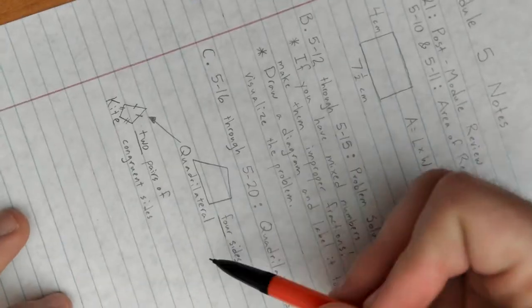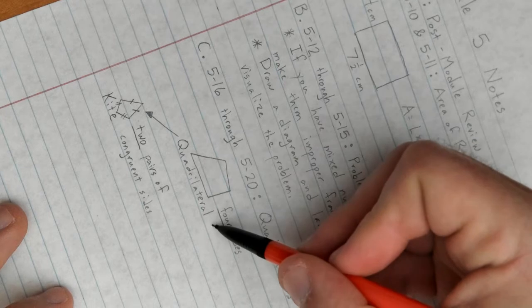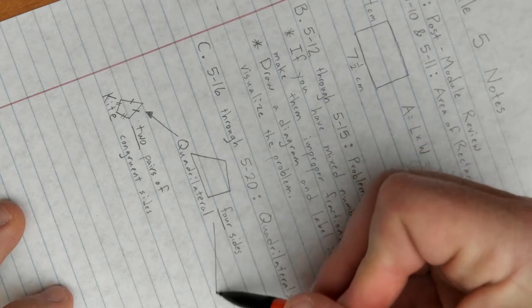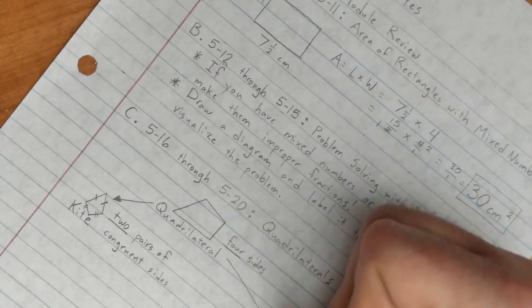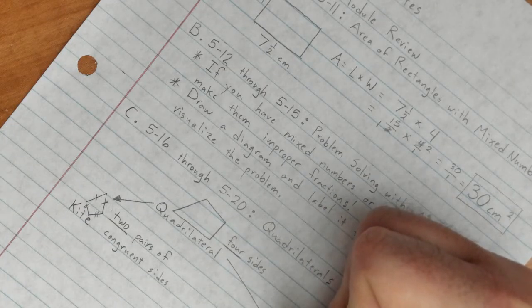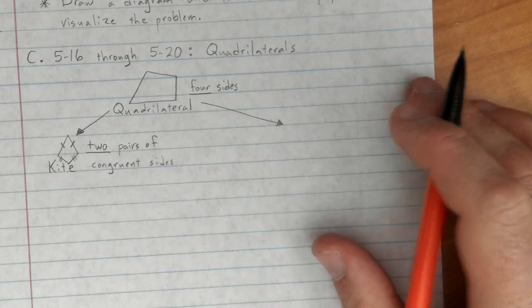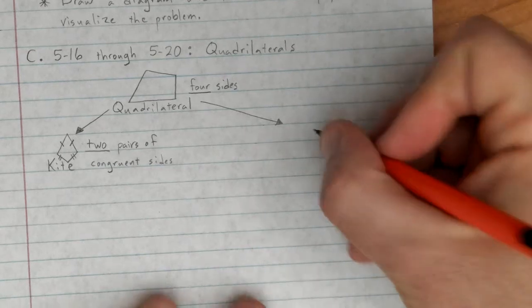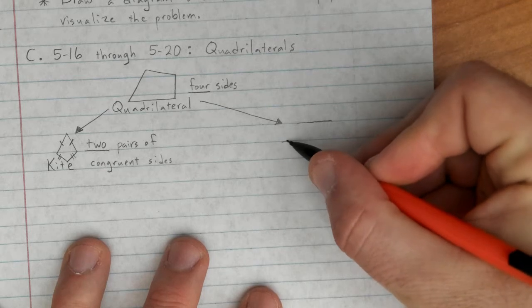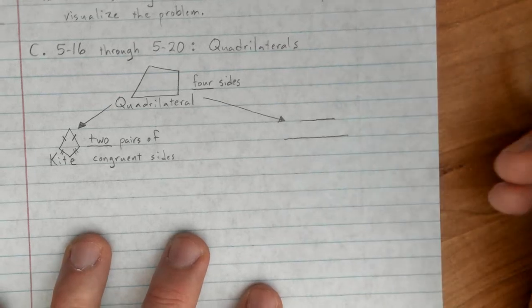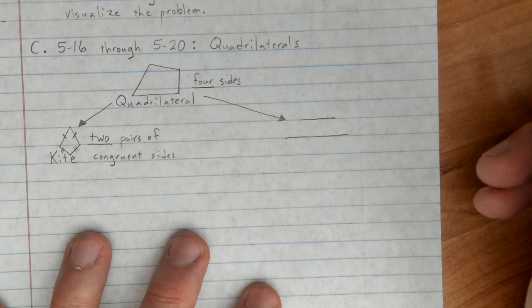But for now, you're going to draw an arrow from the quadrilateral that goes way over here, or as far over there as I can make it, because this next one is going to get broken up a few different ways. This next shape we're going to make with one pair of parallel lines.